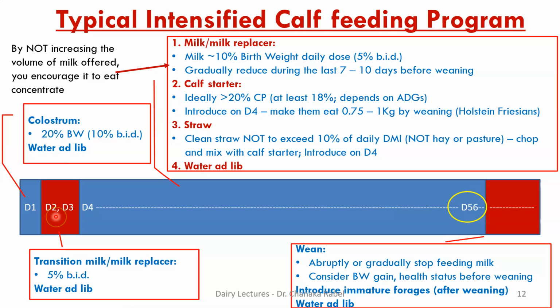But from day 2 onwards, that will be a total of 4 liters for a 40 kilogram calf, given in 2 doses of 2 liters each. So 5% twice a day, and again you leave a bucket of water. Hopefully the calf drinks. But it may not drink, but even if it doesn't, you can try to make it drink the water, teach it to drink from the bucket, no harm.